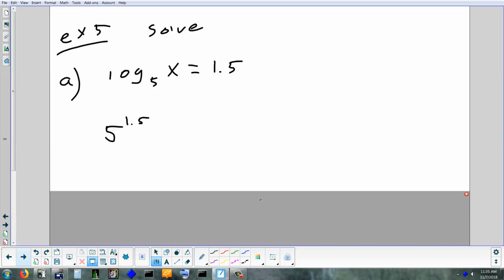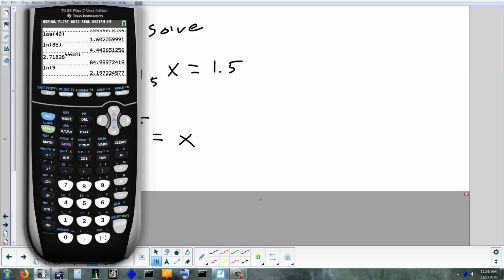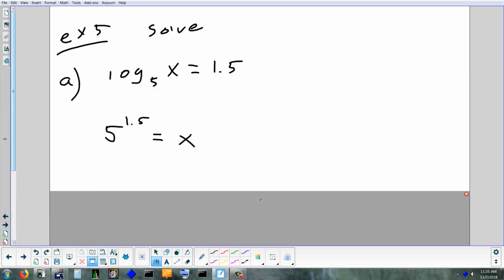Yeah. Equals x. Yeah, so 5 to the 1.5 equals x. Now just type it in. 5 to the 1.5. So it's about 11.18 if you wanted it this small.